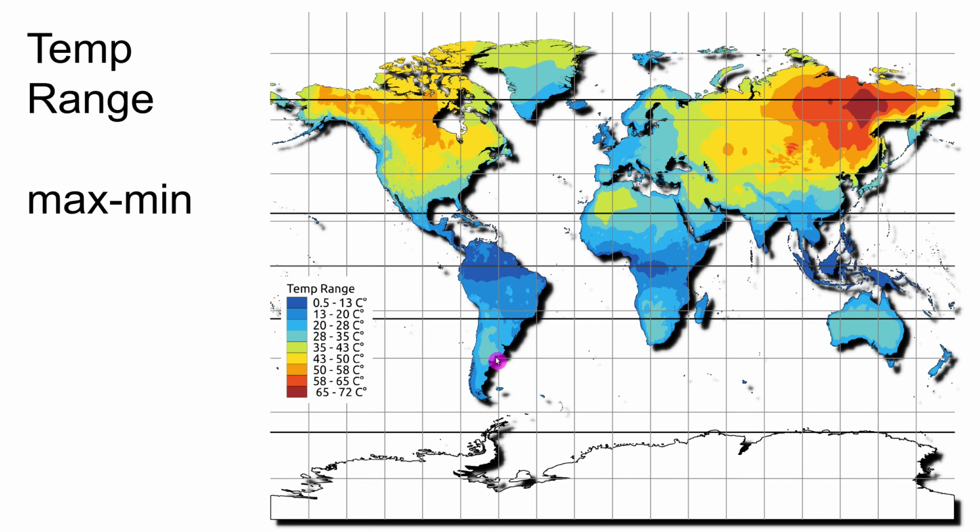In the southern hemisphere, the temperature ranges are all lower because there's no landmass. Well, there's Antarctica, but nobody lives there. So there's no big landmass like Eurasia and North America going across, for example, the Arctic Circle or the Antarctic Circle. There's Antarctica, but there's no big landmass in the mid-latitudes.